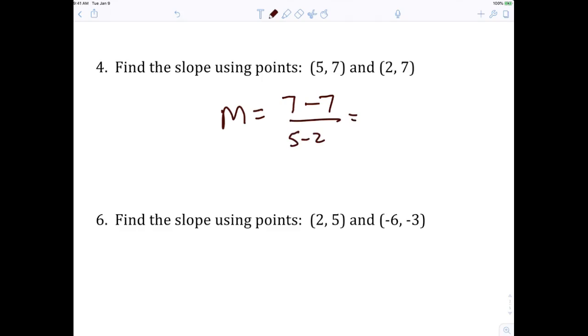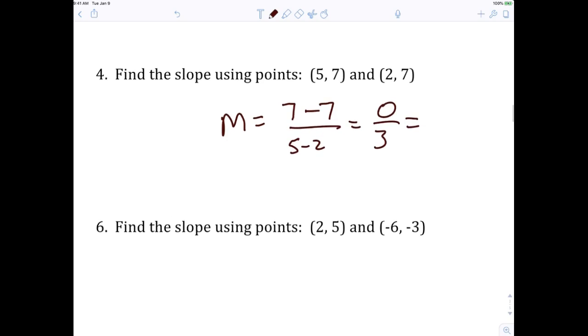And what is that? It's 3 over 0. No, sorry, 0 over 3. 0 over 3, which means the slope is? No, 0. 0 over anything is 0.